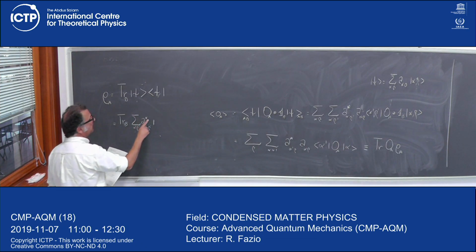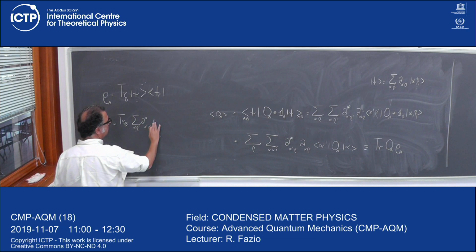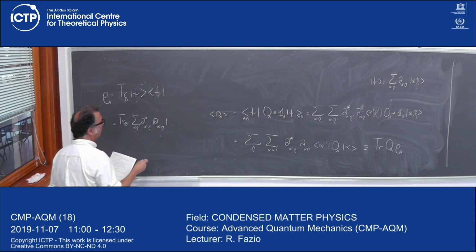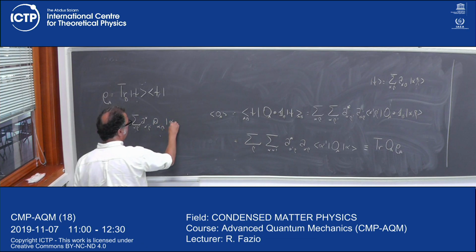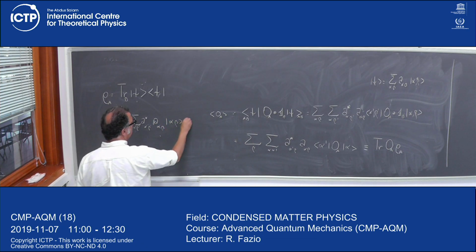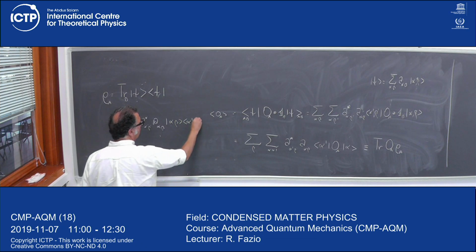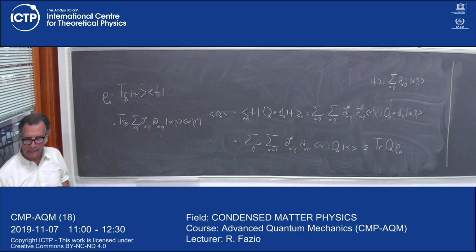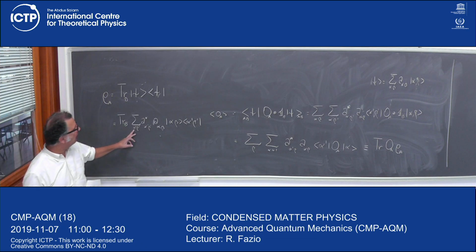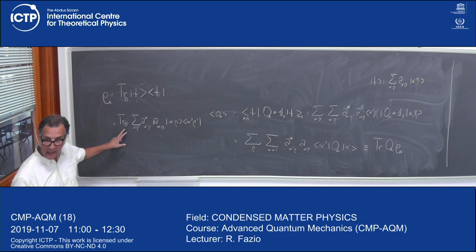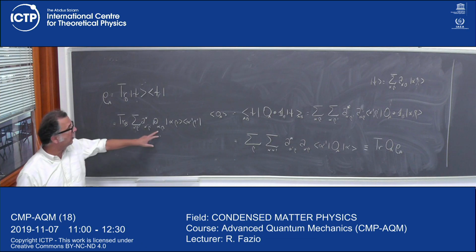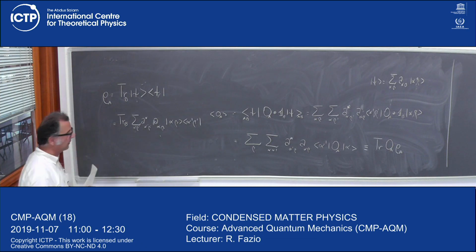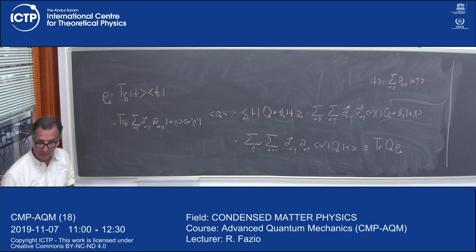So the trace is the sum over alpha of A alpha beta, and then I have alpha beta. Okay? Then I want to do the trace only over B, over the subsystem.